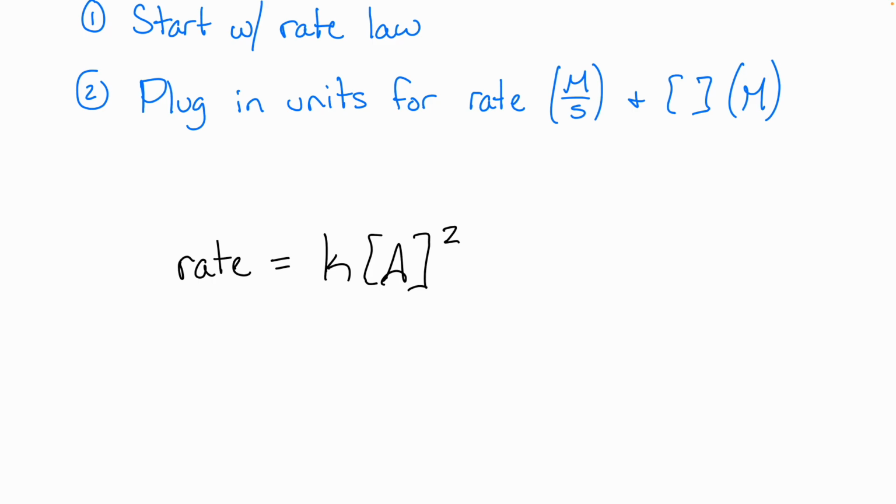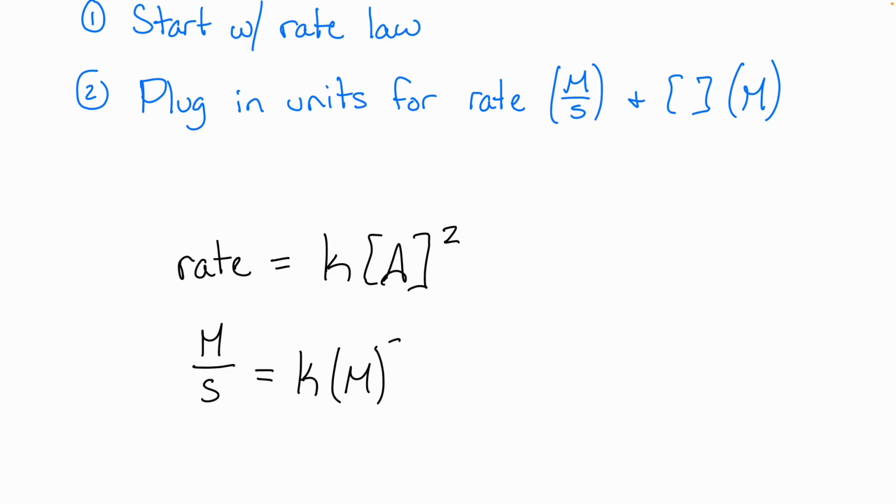All right, so I'm going to say, all right, my rate over here is molar per second. We're going to leave k as this variable because this is what we don't know, and this is what we're going to solve for. All right, times that concentration in molarity, but very importantly, just like that number inside that concentration gets hit with that square, so do those units of molarity.